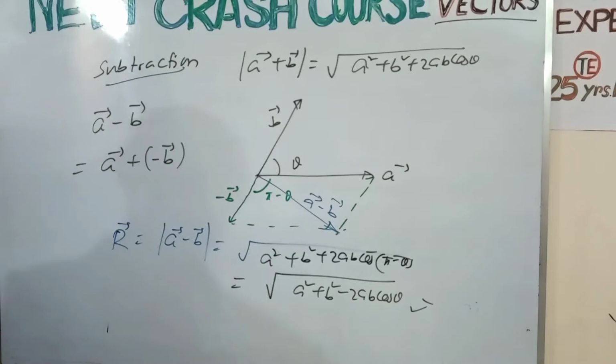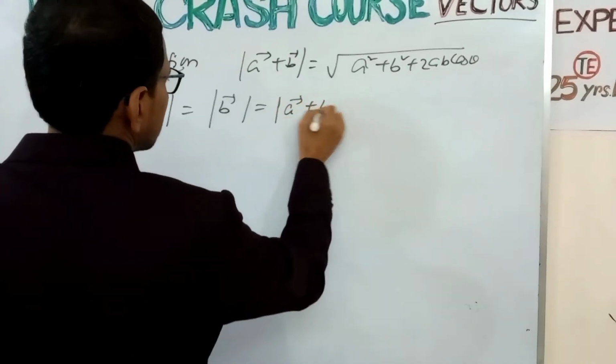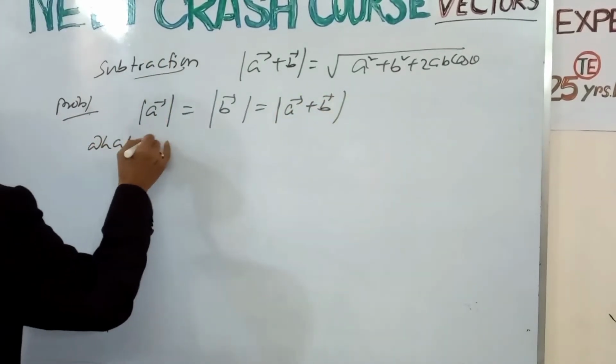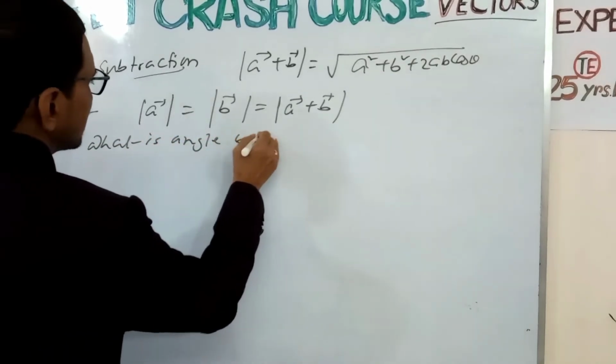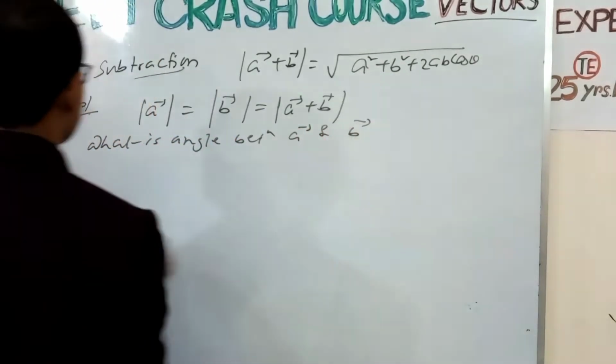Suppose we have learned two formulas, mod a plus b. Now what is the angle between a and b?